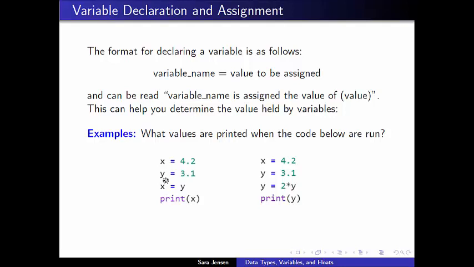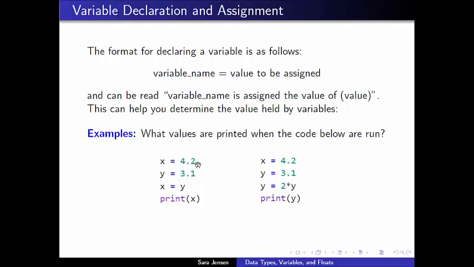Remember that y is the name of the locker, and 3.1 is what's inside the locker. So x is being assigned the value of y. x is being assigned the number 3.1.